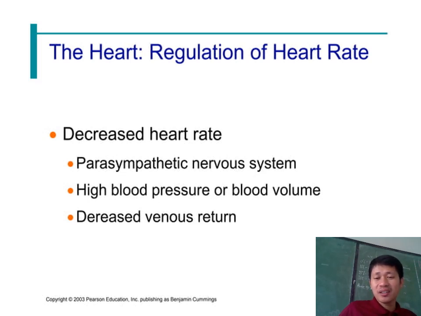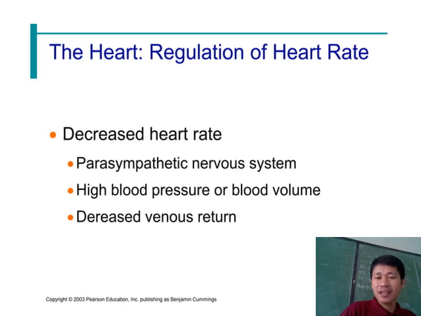To compensate again. Because the pressure is high, so the heart rate must compensate with that. It must decrease, because if the pressure is high and the heart rate is fast, then stroke or heart attack may occur. Alright?